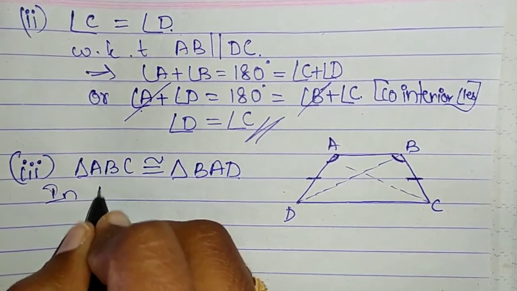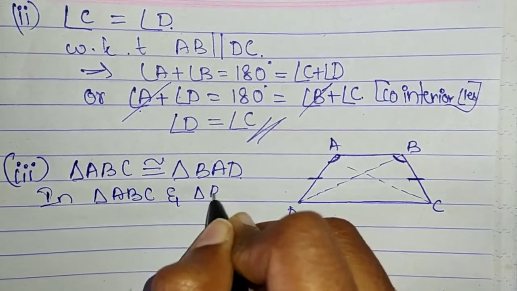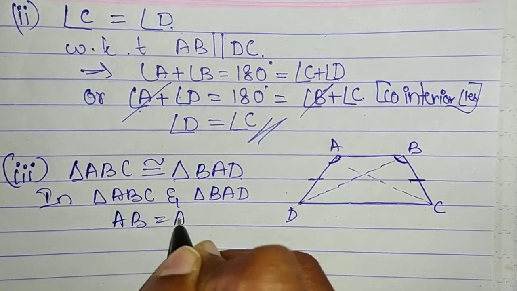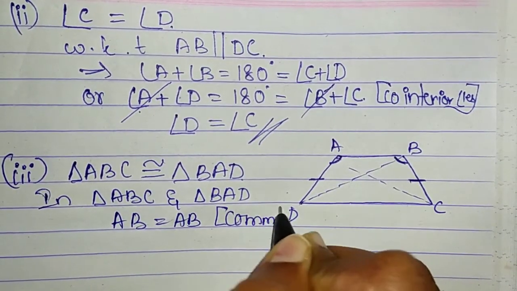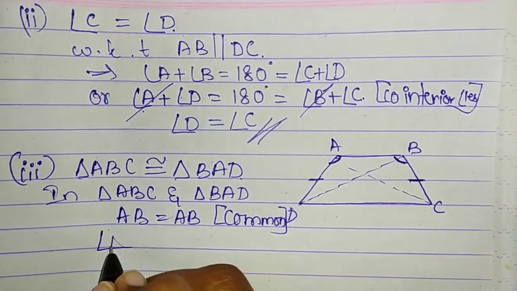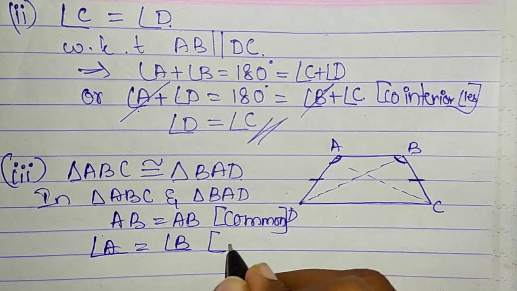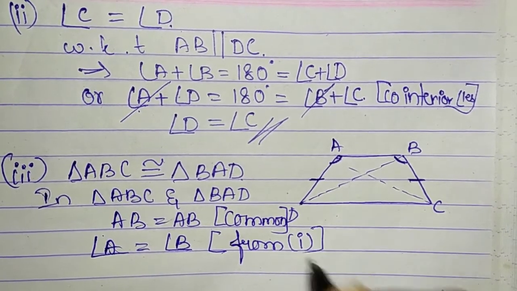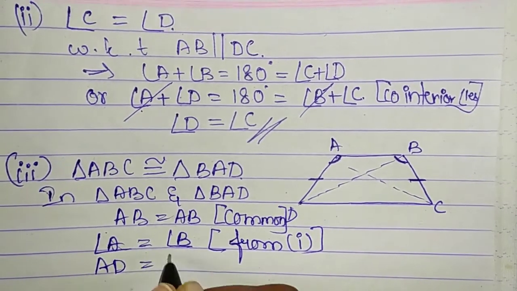So in triangle ABC and triangle BAD, AB is equal to AB. This is a common side between both the triangles. Angle A is equal to angle B, from result 1 we got that, and also AD is equal to BC.